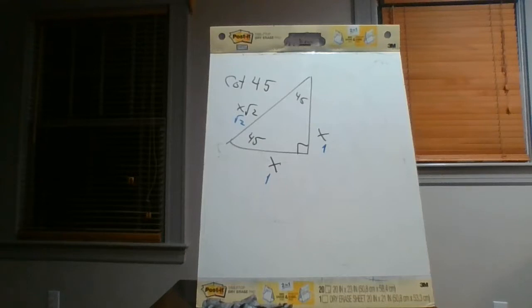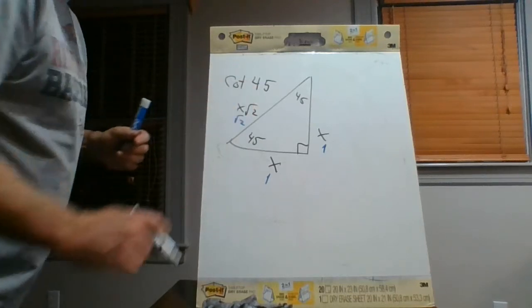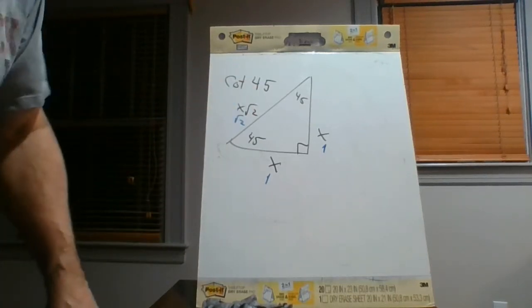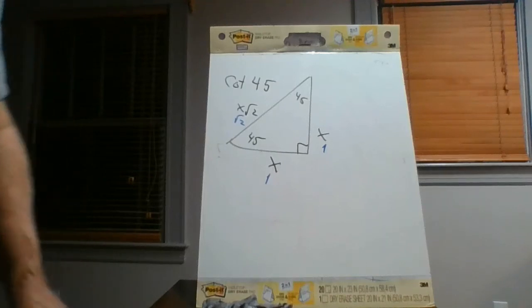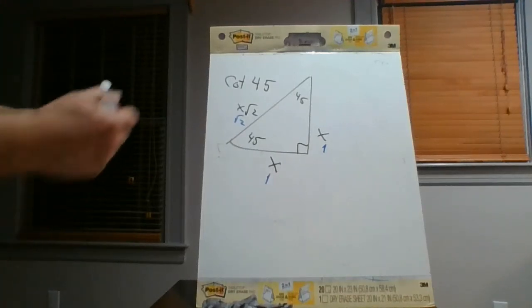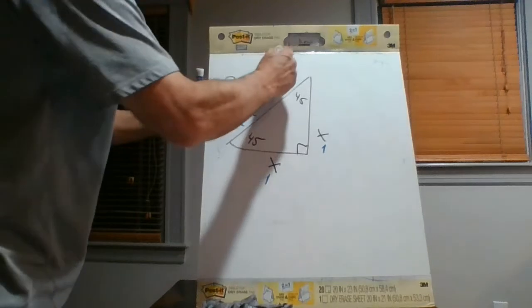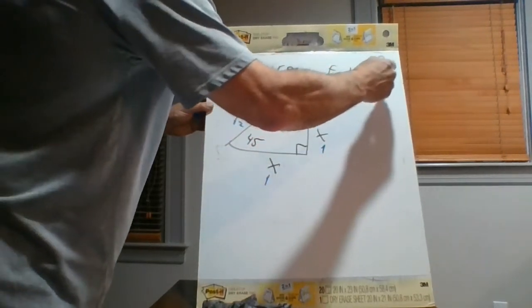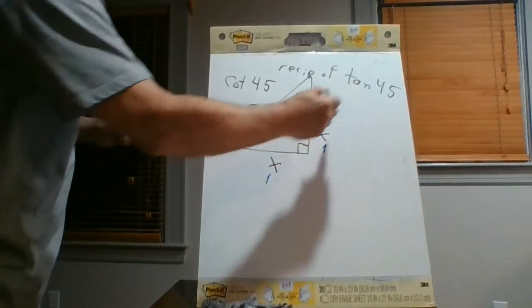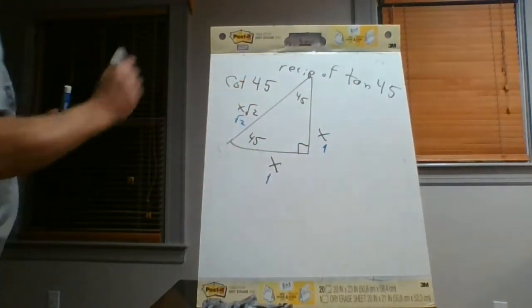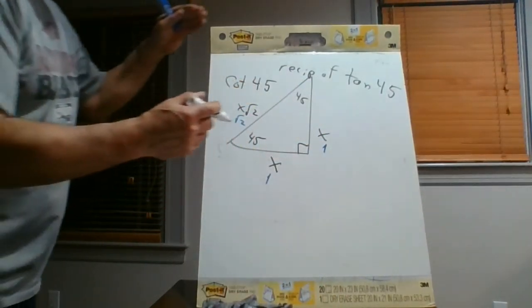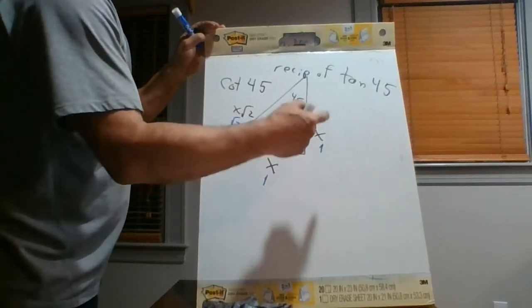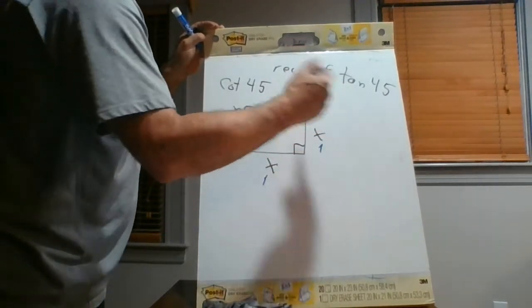Here's how it works. Cotangent, well, we don't know much about cotangent or cosecant or secant. All we know is they are reciprocals of other functions. So we know cotangent is reciprocal tangent. So let's find tangent 45, get an answer, and we'll just flip it over for cotangent. Well, tangent is opposite over adjacent.